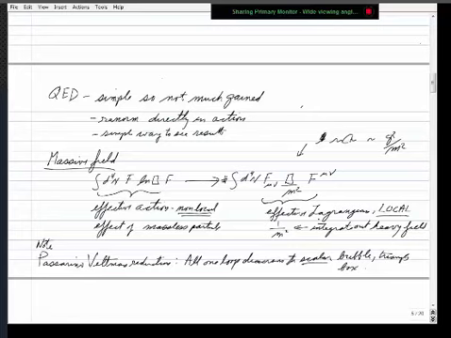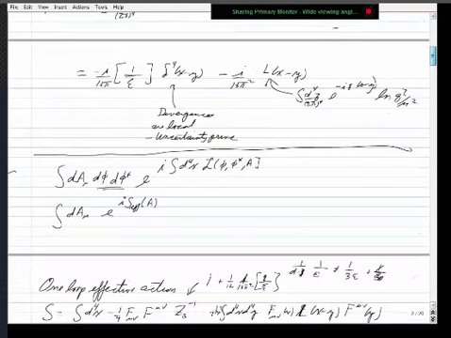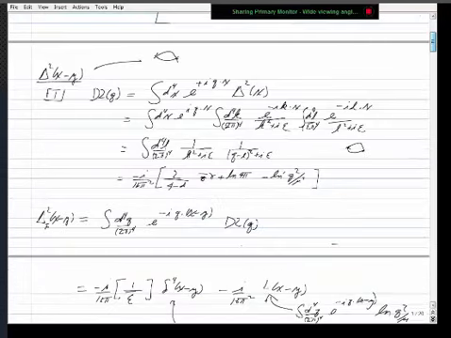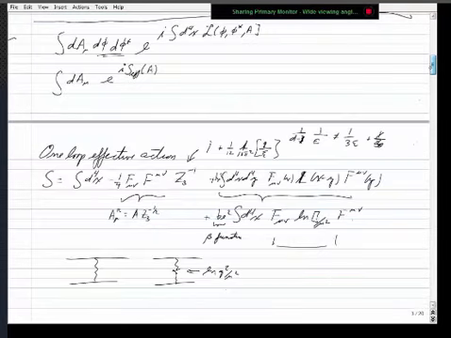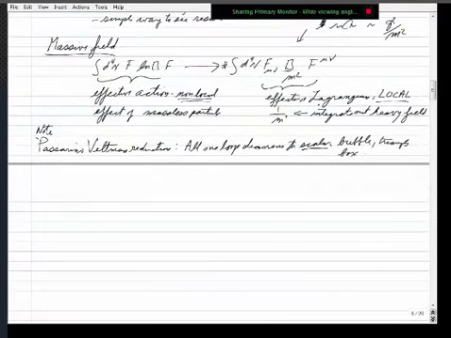Okay, so this is an example of Passarino-Veltman reduction, which basically says that you can take all one loop Feynman diagrams and reduce them to scalar loop integrals.